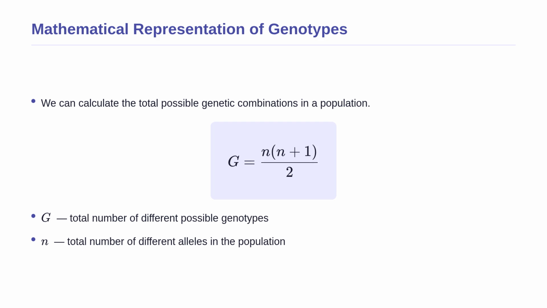In this formula, the variable G represents the total number of different possible genotypes in a population. The variable N represents the total number of different alleles that exist for that gene in the population pool. As the number of alleles, N, increases, the number of possible genotypes, G, increases exponentially, creating massive genetic diversity.